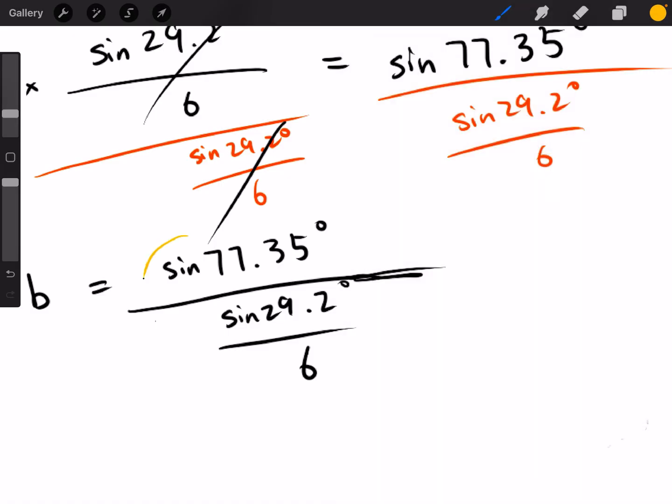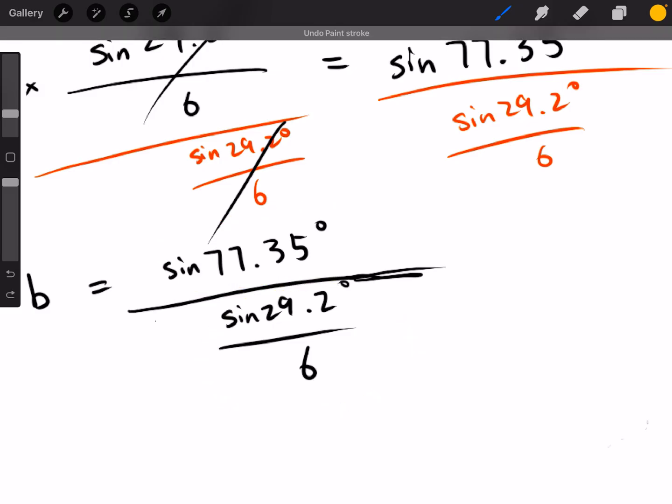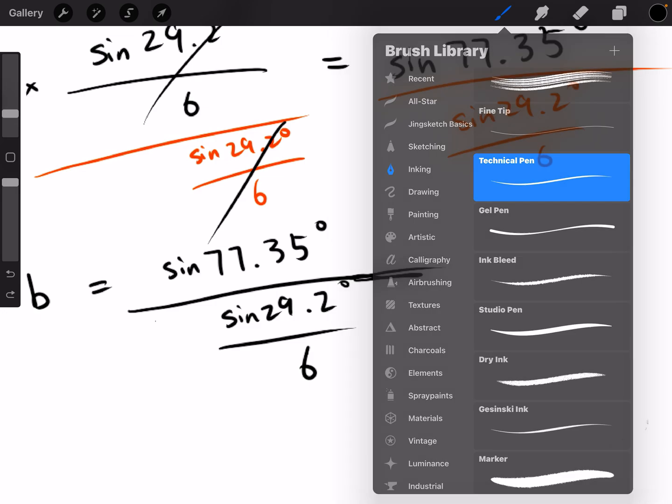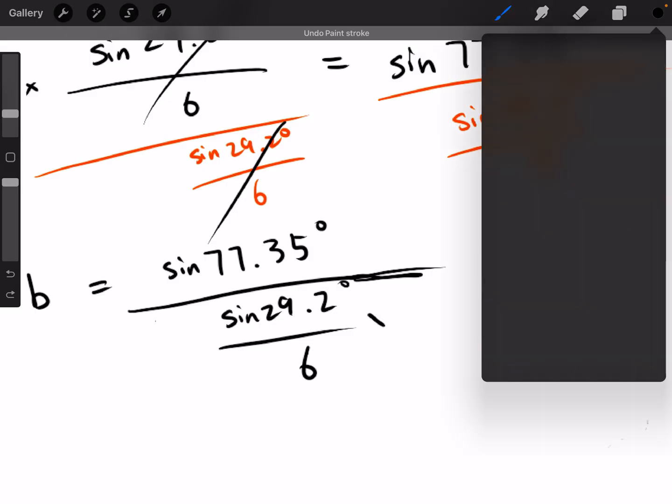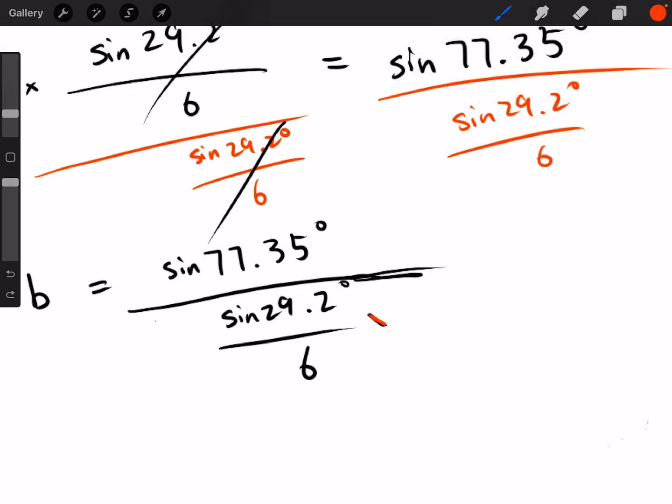This is the top, this is the bottom. To simplify this bottom, we can just multiply by 6, which means we have to multiply the top by 6 too. Let me color code it.